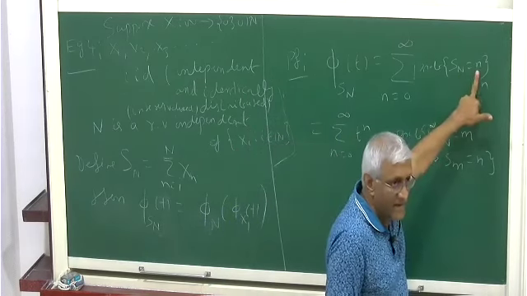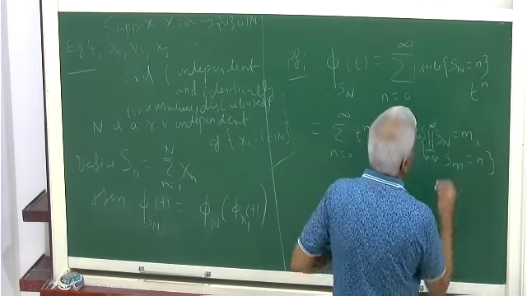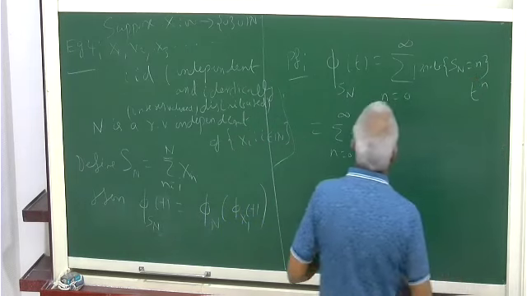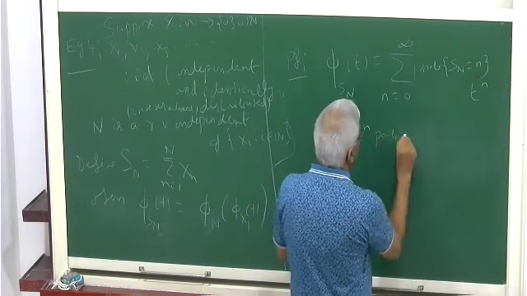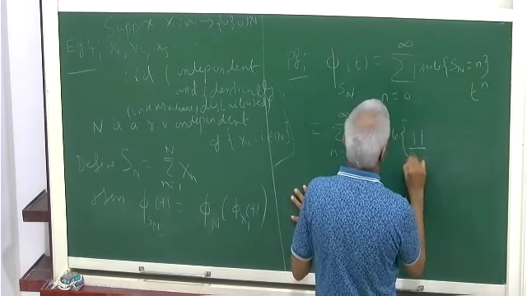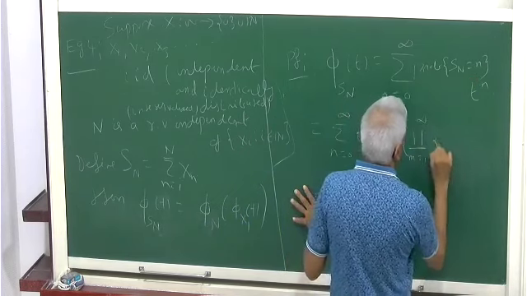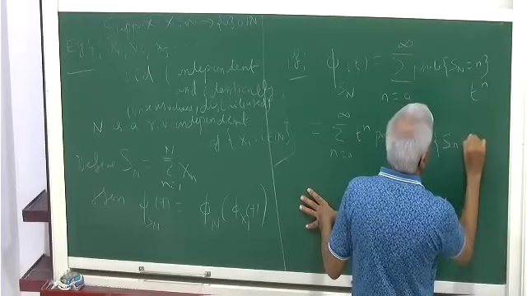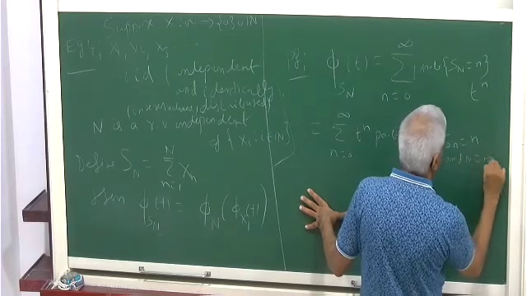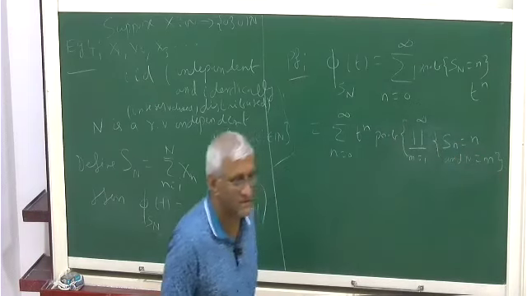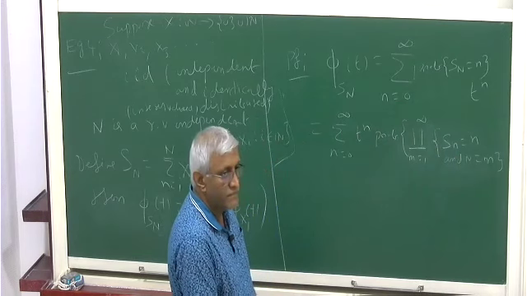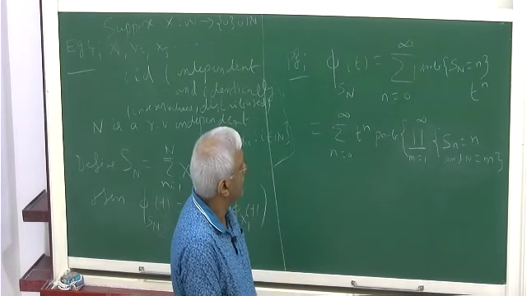Let me write it as one big expression. The probability of the union over m equal to 1 to infinity of S_N equal to n and N equal to m, which is the intersection. Correct?